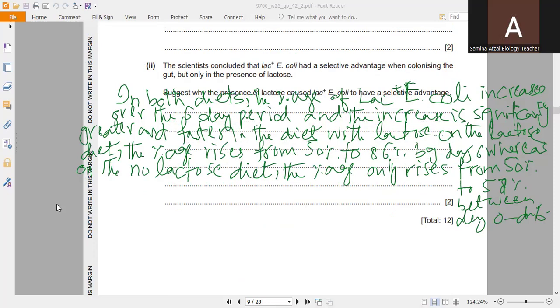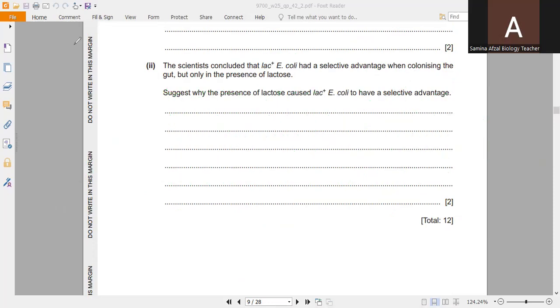Now part 2 of section B: the scientists concluded the lac plus E. coli had a selective advantage when colonizing the gut, but only in the presence of lactose. Suggest why the presence of lactose caused lac plus E. coli to have a selective advantage.